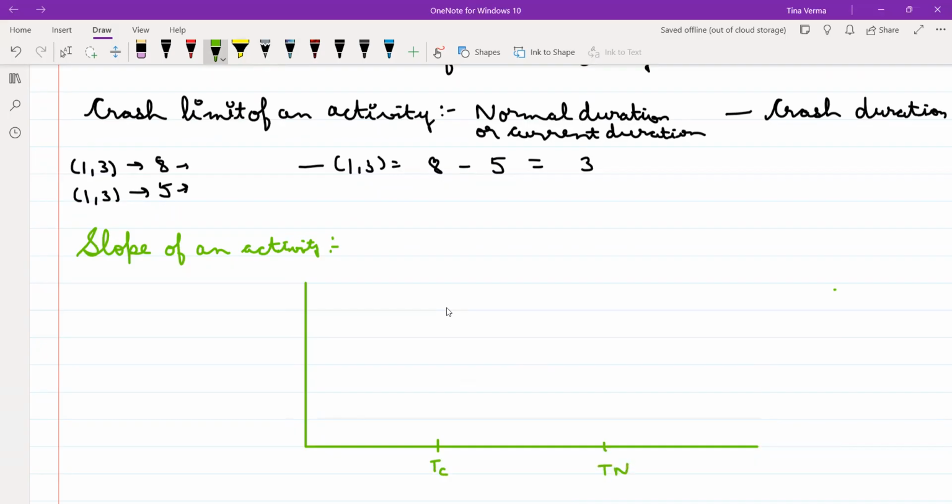But the cost for your normal duration is less. The cost of your crash duration will be more. So this is Tc, this will be the intersection point, this and this, sorry, Tn and Cn, this is the normal and this is the duration of this.